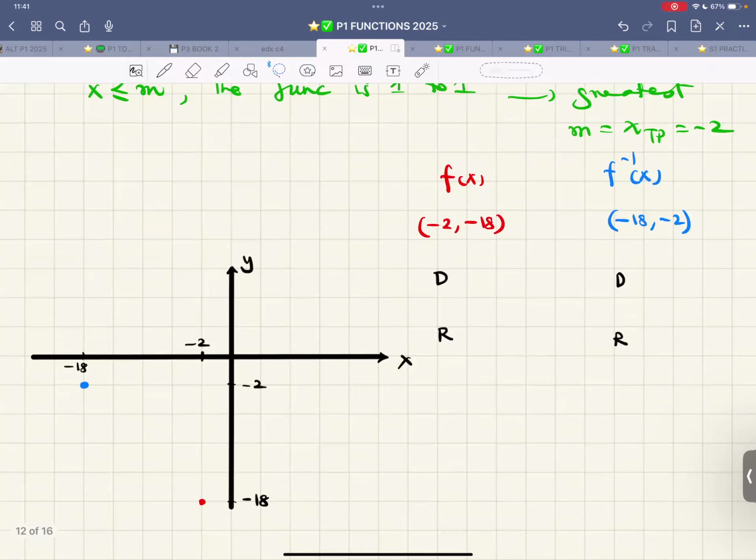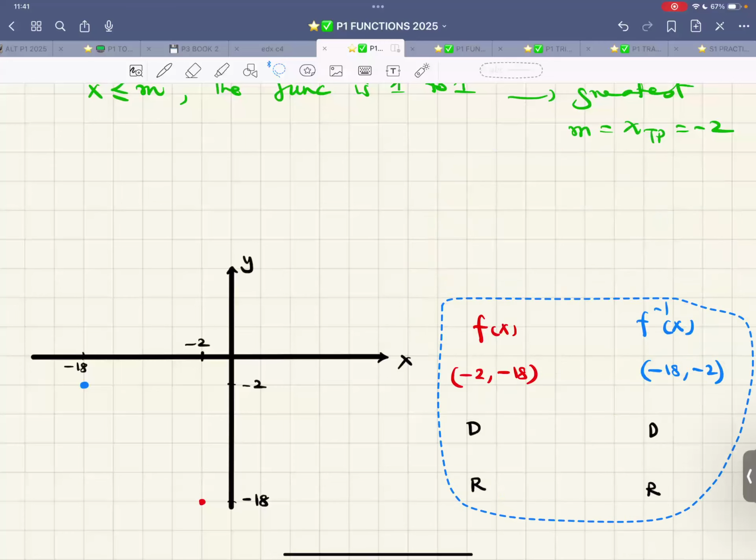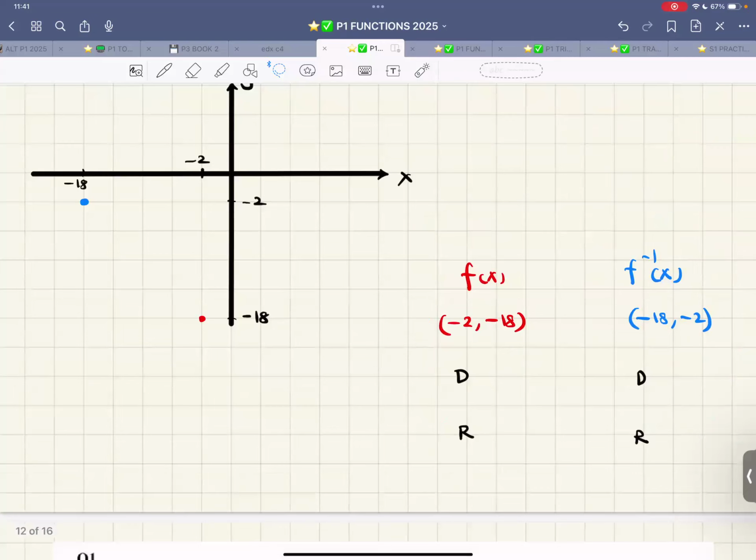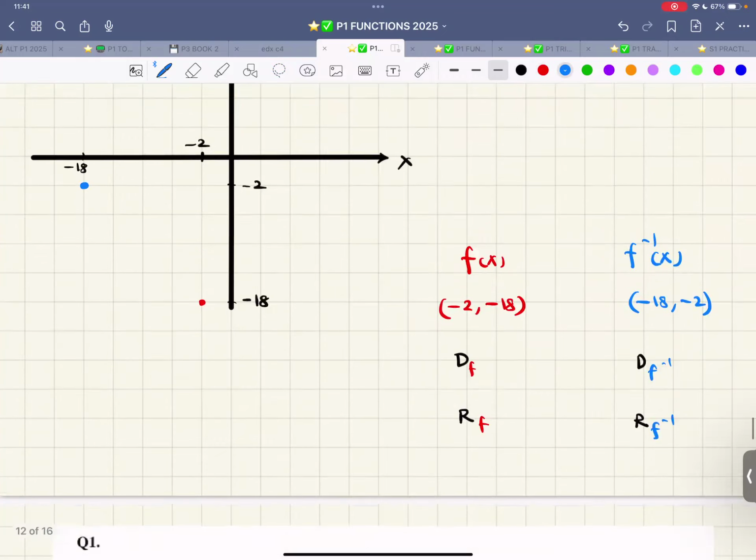And let me just push this thing a little bit to the side. Domain of f, range of f, domain of f inverse, range of f inverse.